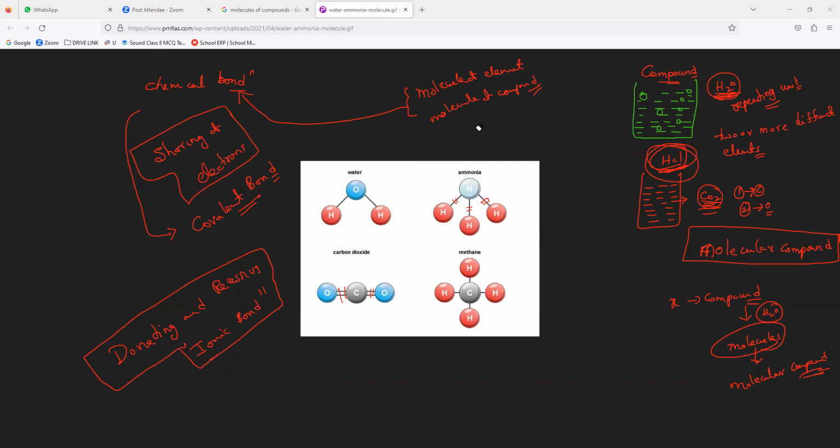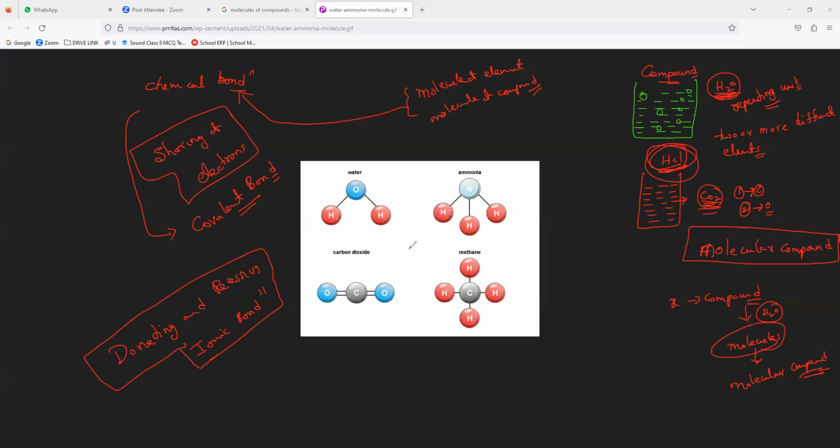Now, my question to you is, suppose water is binding with two hydrogens, that is, one oxygen is binding with two hydrogens. Ammonia is one nitrogen binding with three hydrogens. One carbon is binding with two oxygens.